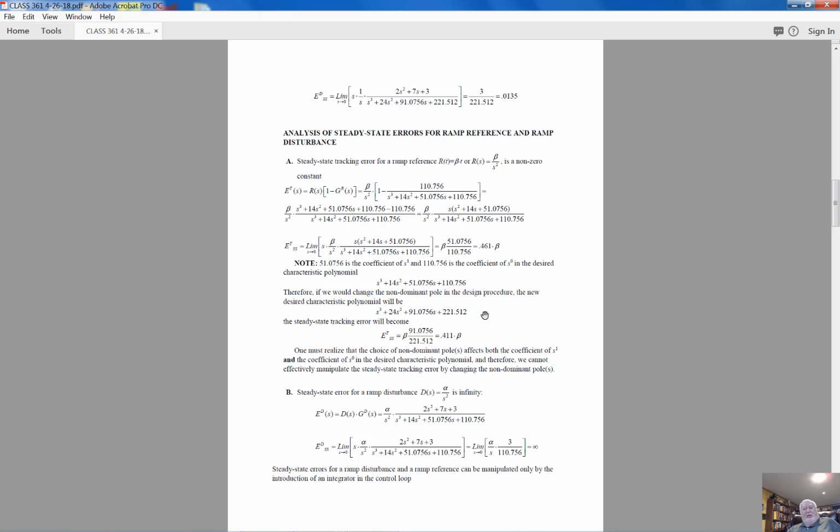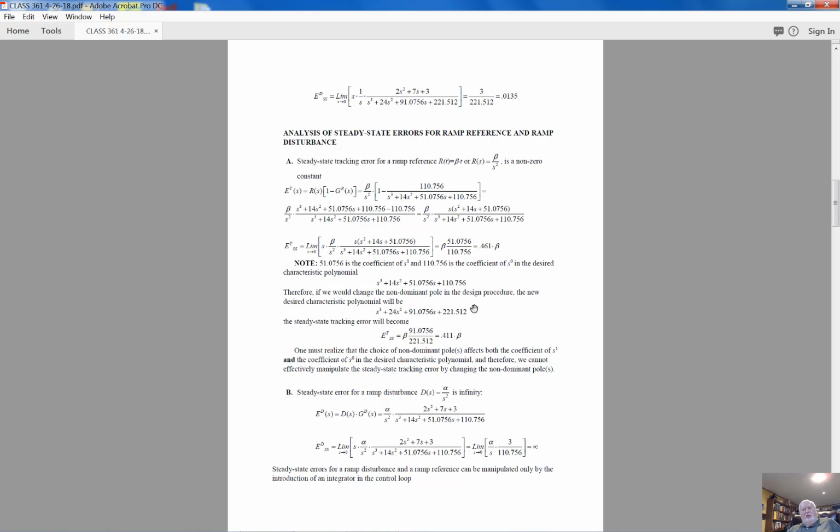And just for example, I will tell you what would happen if we would use minus 20 as the non-dominant pole. This is the characteristic polynomial of the desired system. It was obtained earlier for non-dominant pole equal to minus 20.